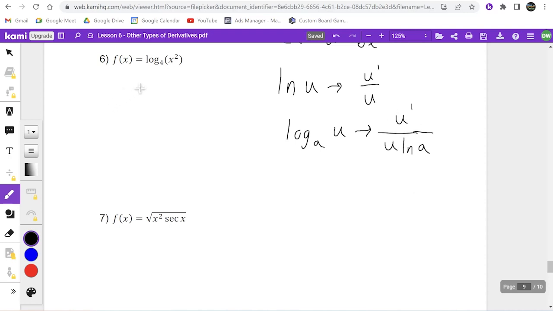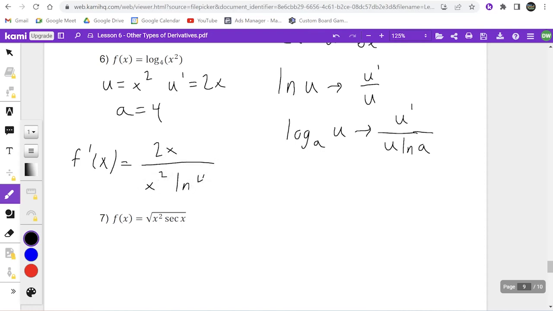So then here, u is x squared, u prime is 2x, and a is 4. With that, I just plug into this nice formula. So f prime of x equals numerator 2x, denominator x squared times the natural log of 4. And there we go.